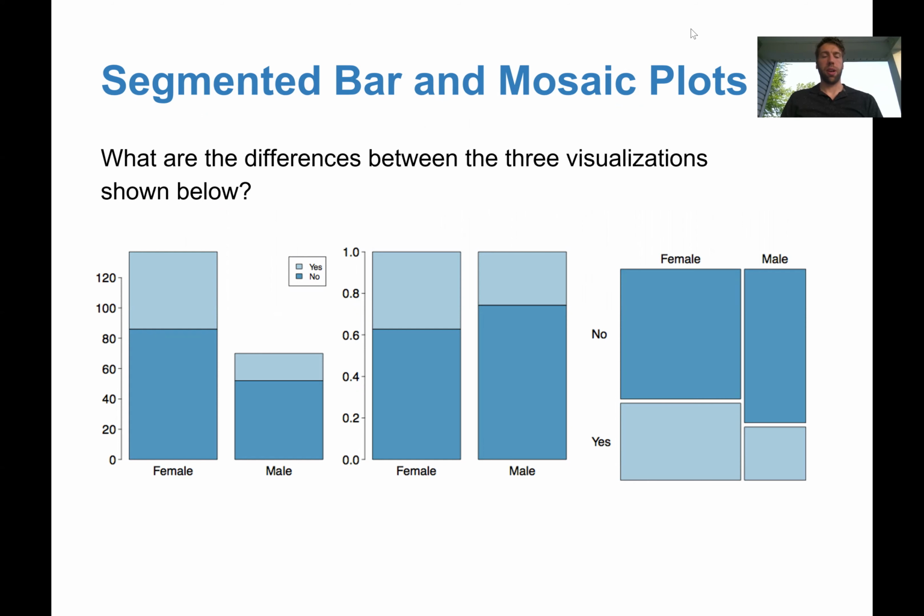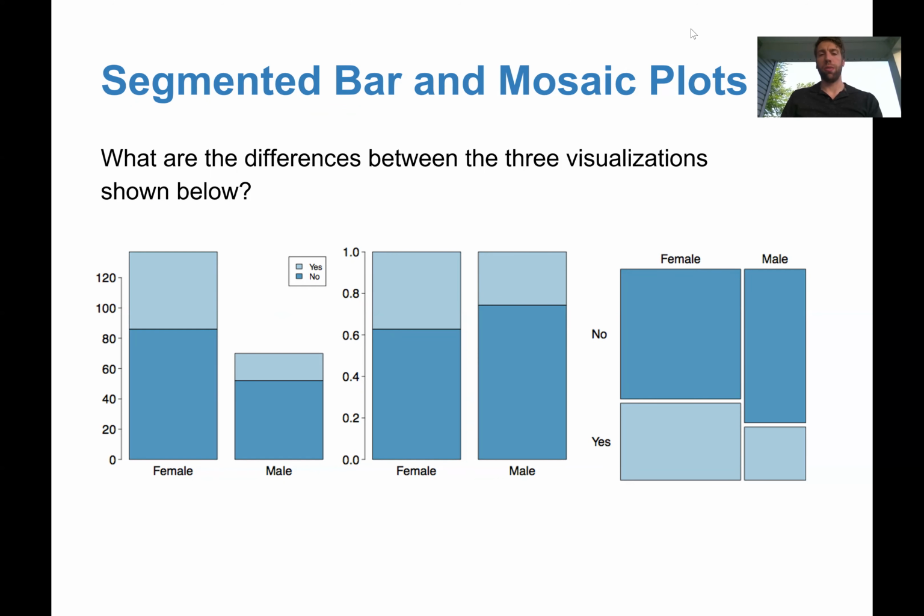Here you've got male and female, and for the stacked one, dark blue is no and light blue is yes. So what are some of the differences you see?